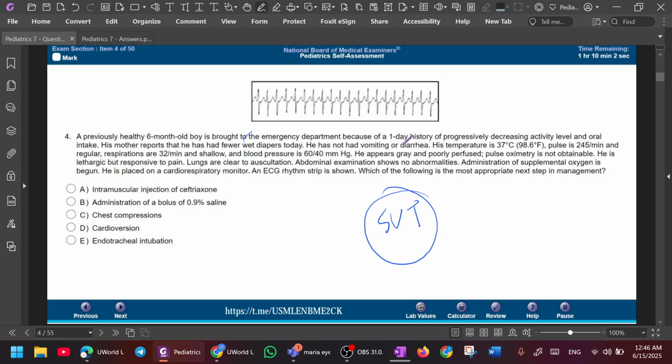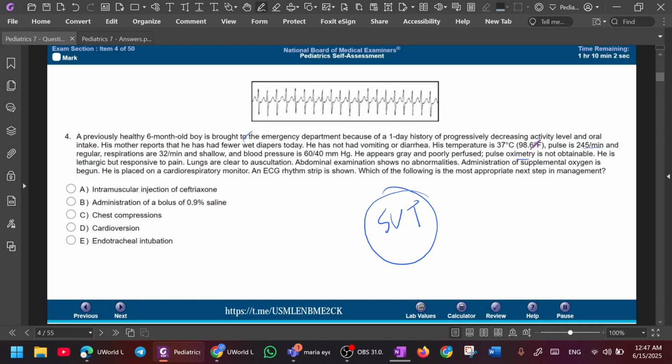He has not had vomiting or diarrhea. His temperature is 37 degrees Celsius, pulse 245 per minute and regular, respiration 32 and shallow, blood pressure 60 by 30. He appears gray, poorly perfused.